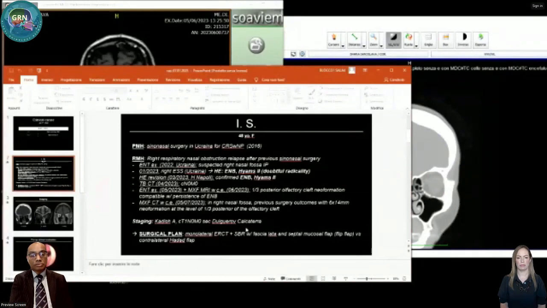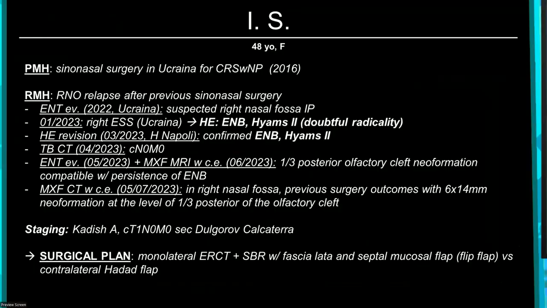So she came to Italy, and then she had a revision of the histologic evaluation in Naples that confirmed the esthesioneuroblastoma. So she came to our hospital, and again, she had the ENT evaluation, maxillofacial MR and CT scan, and total body CT scan, which showed N0, M0.